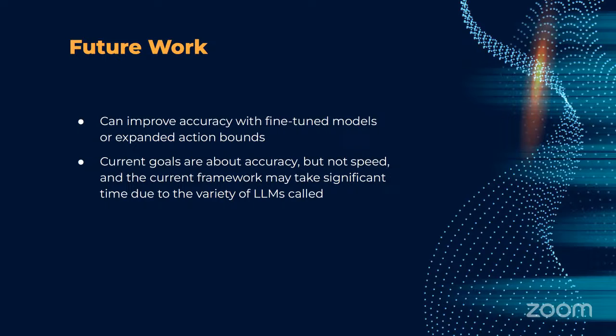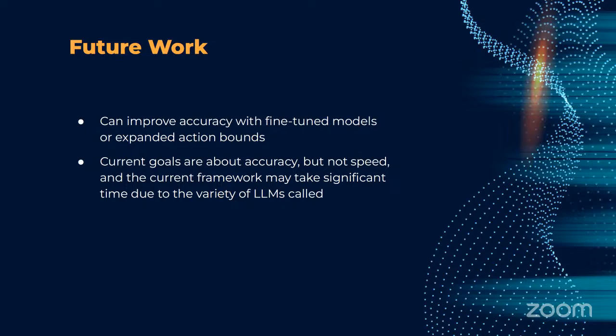But one of the other things that they talk about is that the current goals are all about accuracy. This was their target to get a good score on the OS World benchmark, but none of these talk about speed. And it's even an acknowledgement in the ablation study earlier that they had to use this smaller subset of OS World just because this agent uses quite a lot of LLMs to do anything at all.